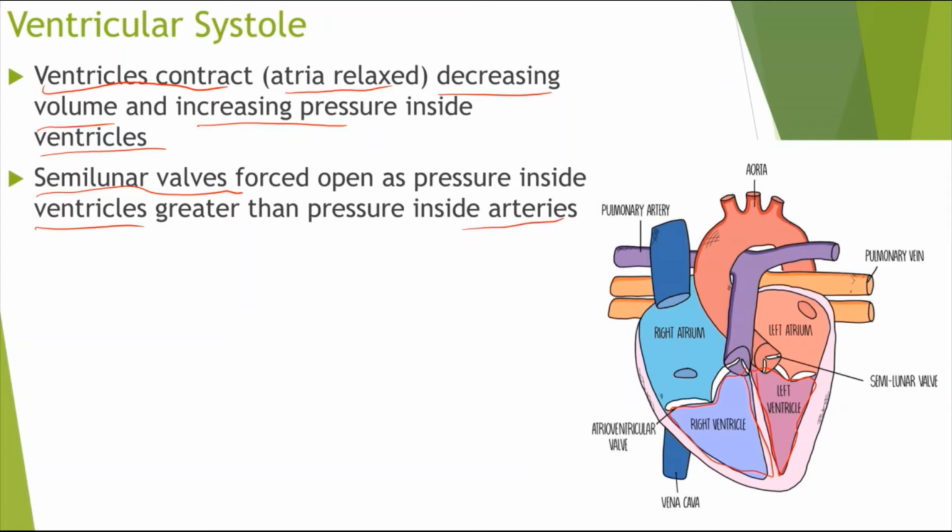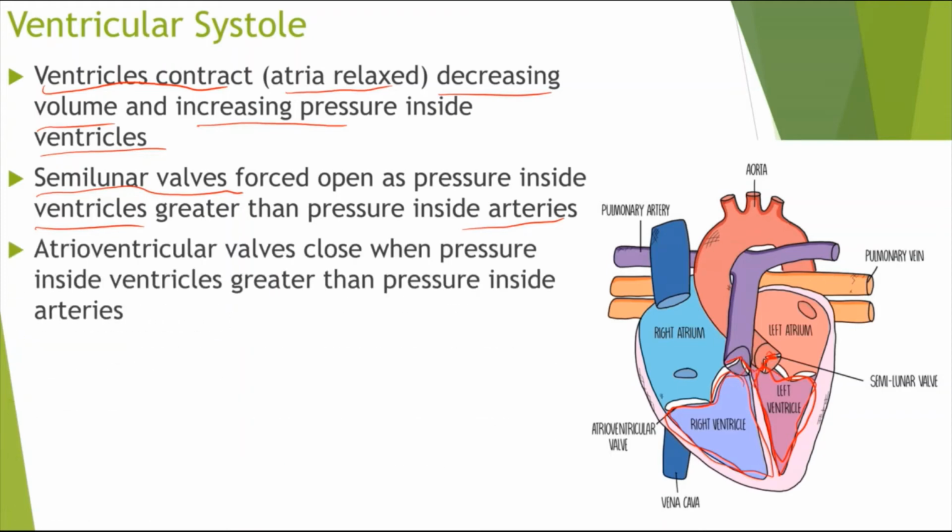So the blood moving in and the walls of the ventricles contracting has caused the pressure inside the ventricles to be very high, and this is now higher than the pressure inside the arteries, for example the aorta or the pulmonary artery, and this has caused the semilunar valves to open.